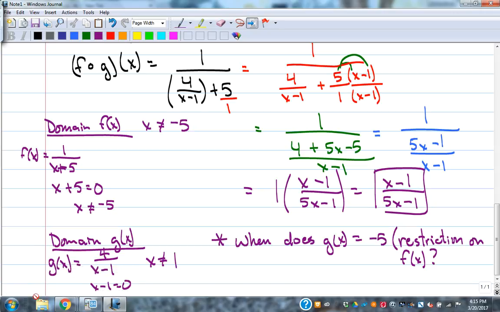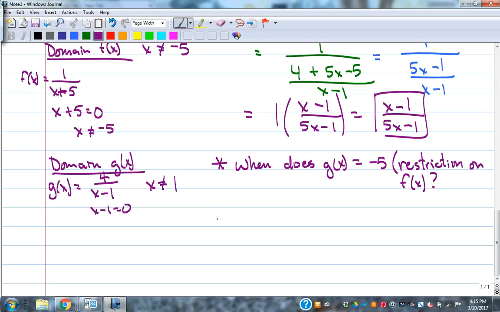We'd set the g of x function equal to negative 5. So g of x is 4 over x minus 1. When does that equal negative 5? So multiply by x minus 1. 4 equals negative 5x plus 5.